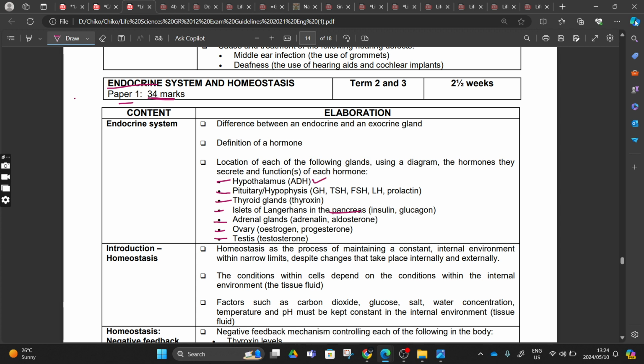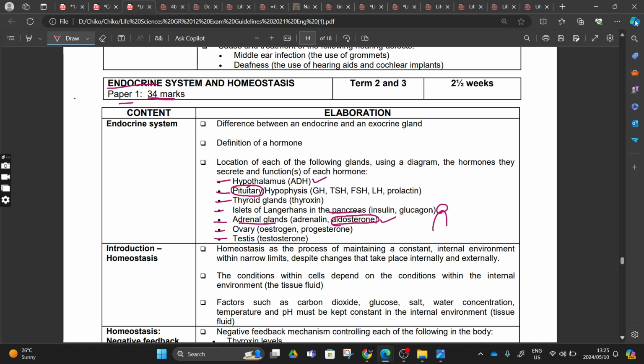So today we'll be dealing with this hormone here, ADH, antidiuretic hormone, secreted by our pituitary gland. And we are also going to be dealing with aldosterone in our adrenal gland, at the top of our kidney. So today we'll be dealing with these two organs.